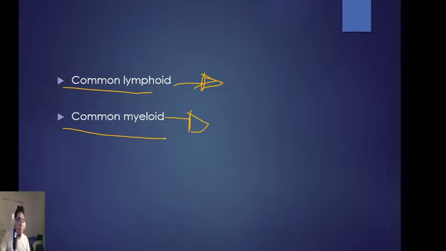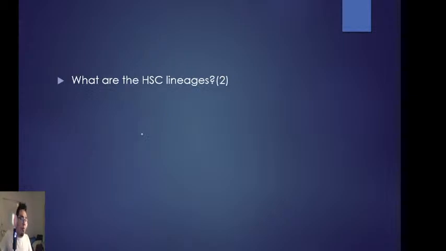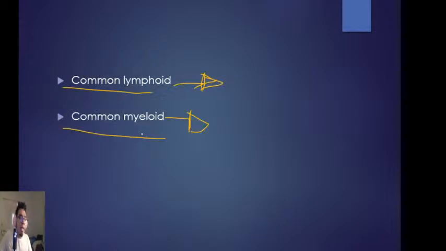There are several markers, but we're not going to discuss them here because you guys are going to go crazy if I discuss all of them. It's going to be one PowerPoint with 100 items you need to memorize just to make sure that one is lymphoid and one is myeloid. So don't worry about it. All you need to know is that there are two hematopoietic stem cell lineages, the common lymphoid and the common myeloid.